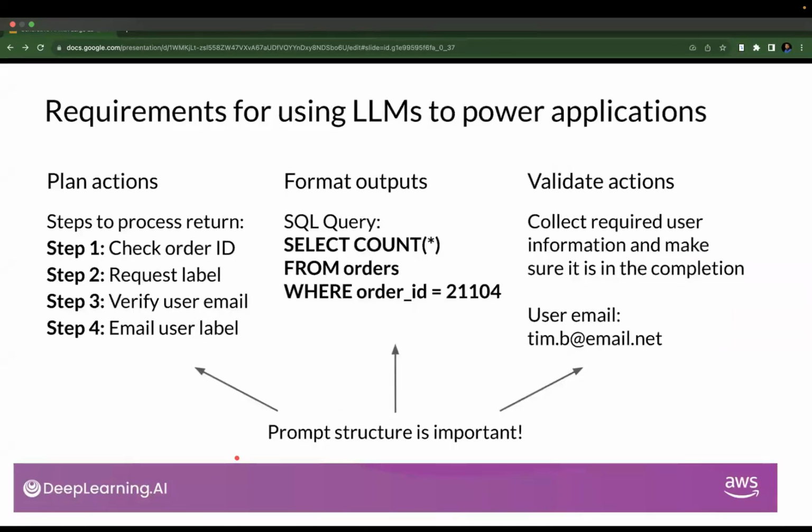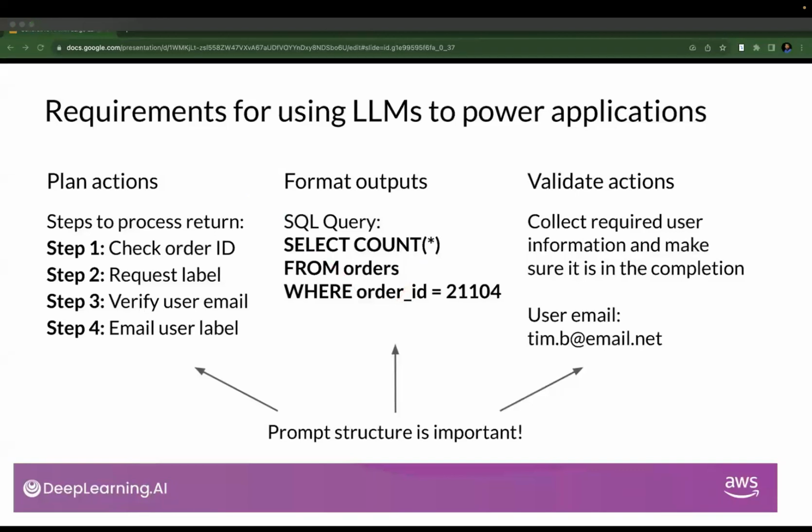Now, LLMs may also be required to produce outputs which are formatted so that the external applications or the orchestrator can better understand them. For example, format the output to run a SQL query to understand whether there exists any such order ID or not.